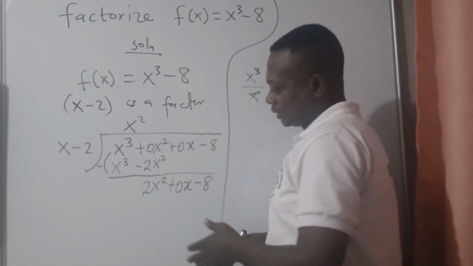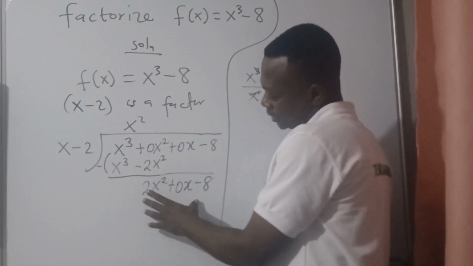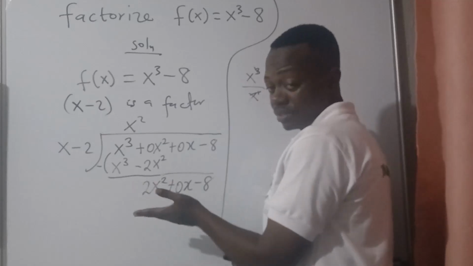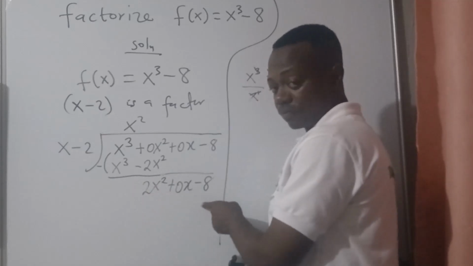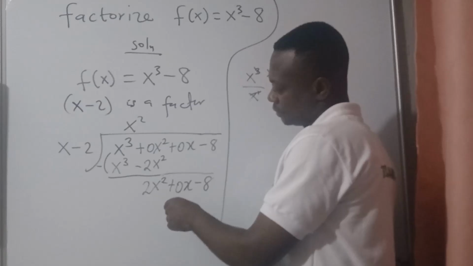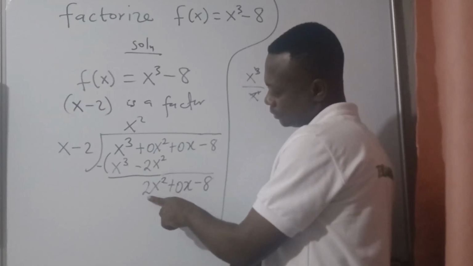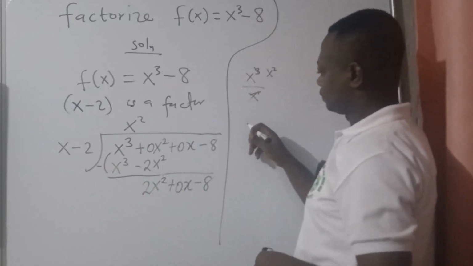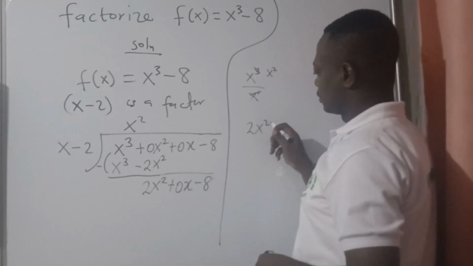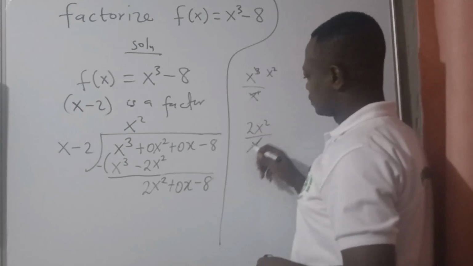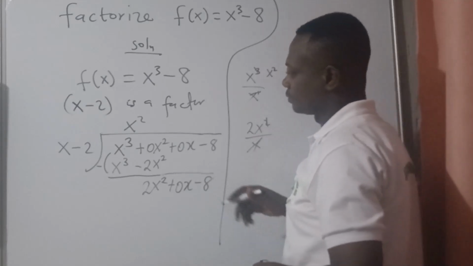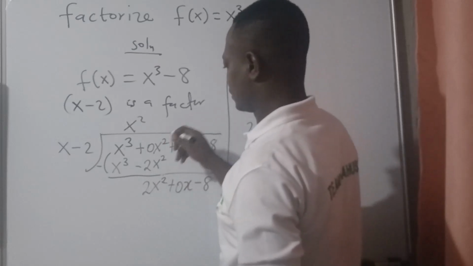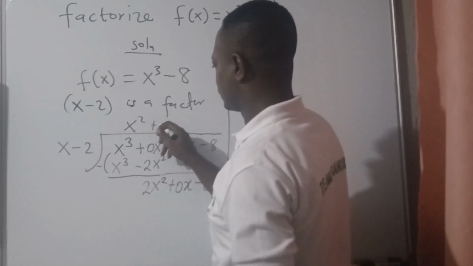Until we no longer see x, we continue to divide. So we still have terms in x. Let's continue. Now, the first term again, we have 2x squared over x. That will be 2x. So we have plus 2x here.